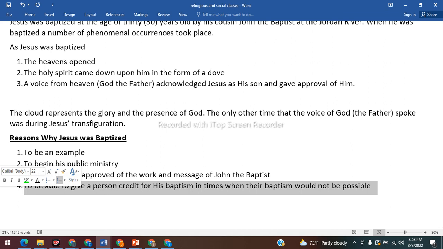What do I mean by that? When John the Baptist isn't there anymore? No. It was to give a reason as to why they should repent. No. Okay, you remember the thief on the cross?